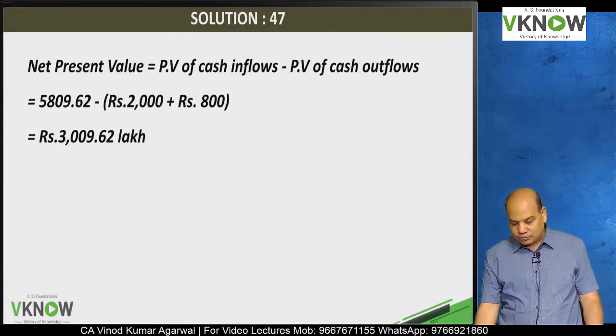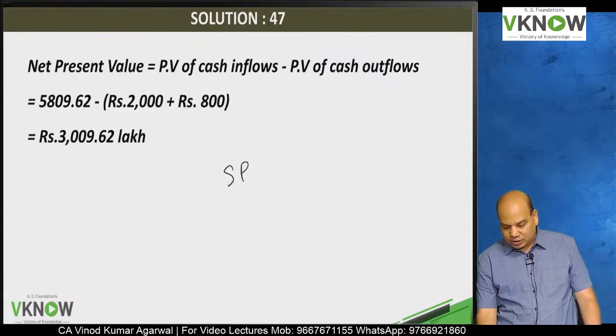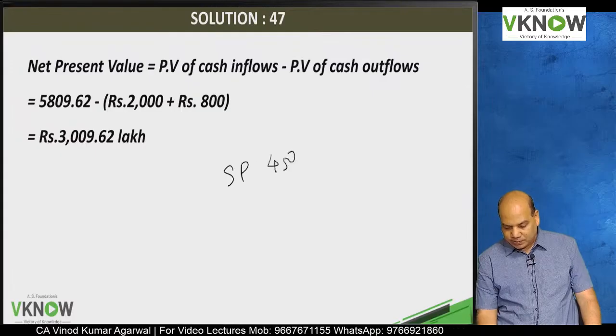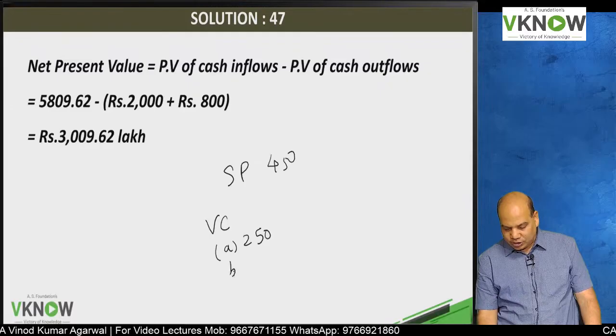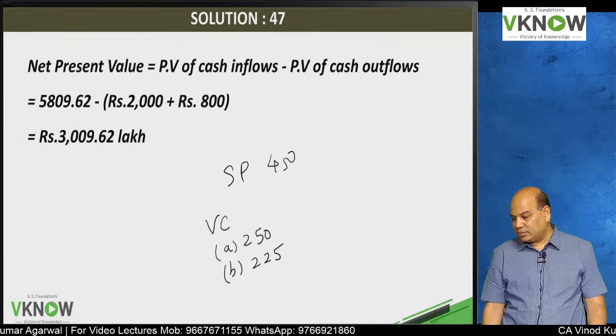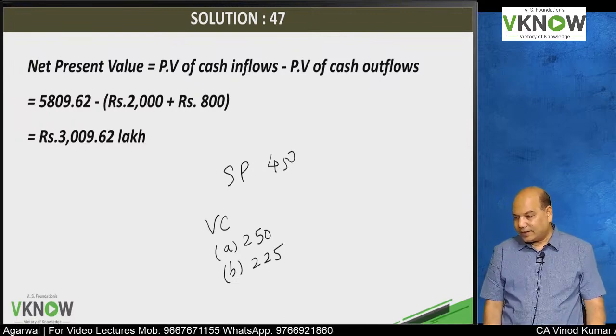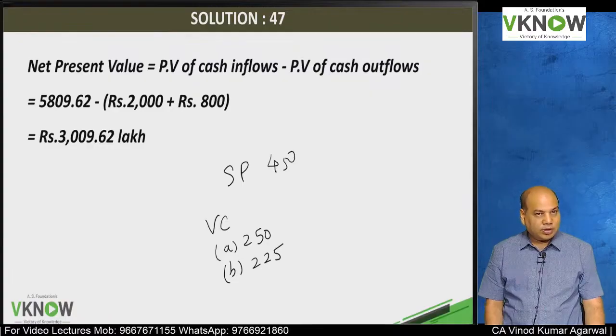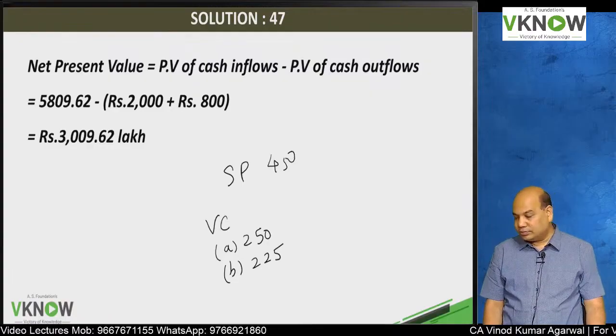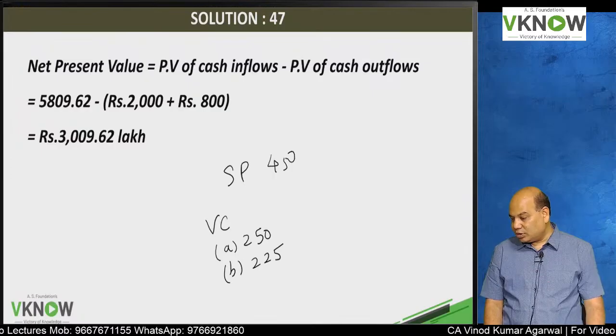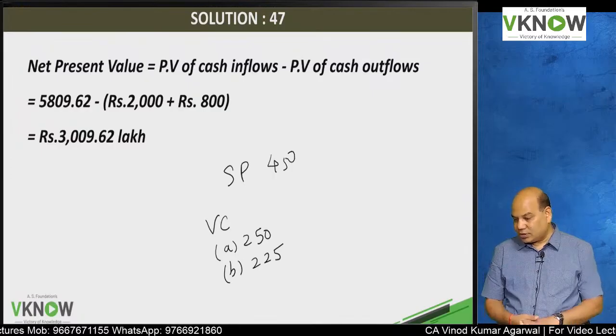What is your view? If selling price is 450, variable cost, option A 250, option B 225, which one you will take? 250, the same one, or 50% of 450? Please reply little fast.